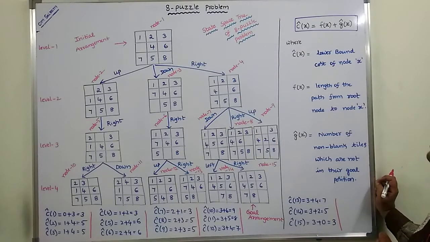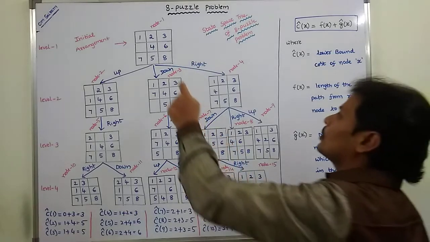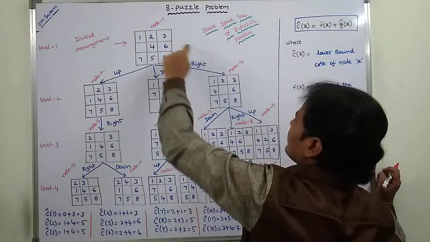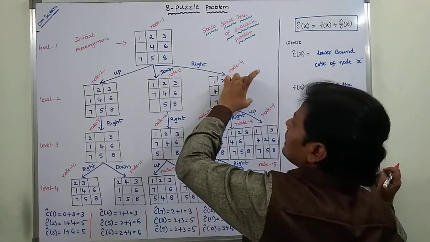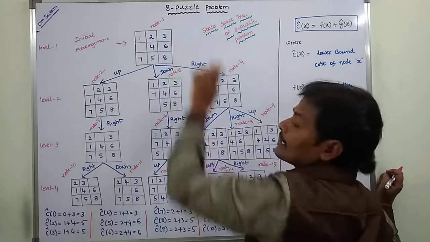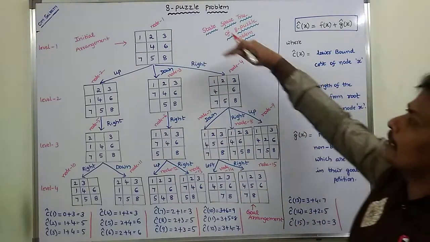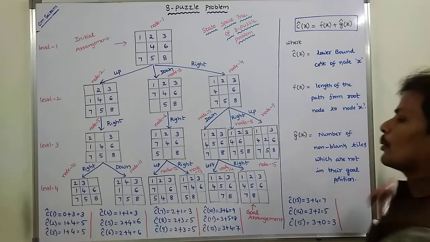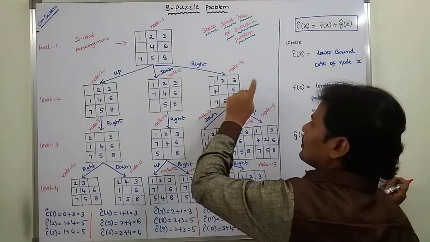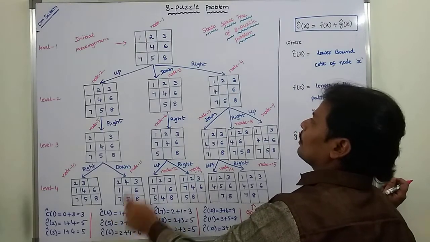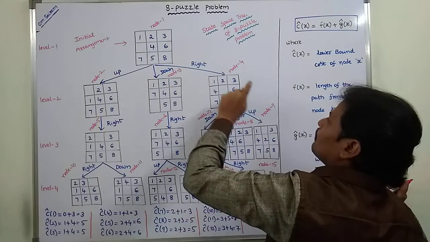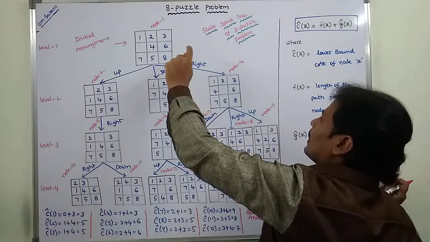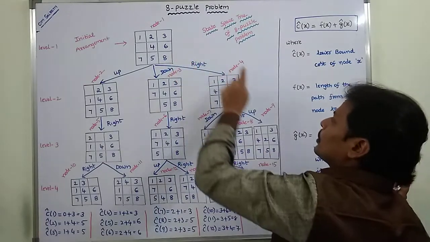Next, f of x is the length from the root node to this node x. So what is the length? This node is in level 2, and the root node is in level 1. What is the difference between them? 2 minus 1, that is equal to 1. So now C cap of 4, for this node, is equal to the length of the path from the root node to this node.